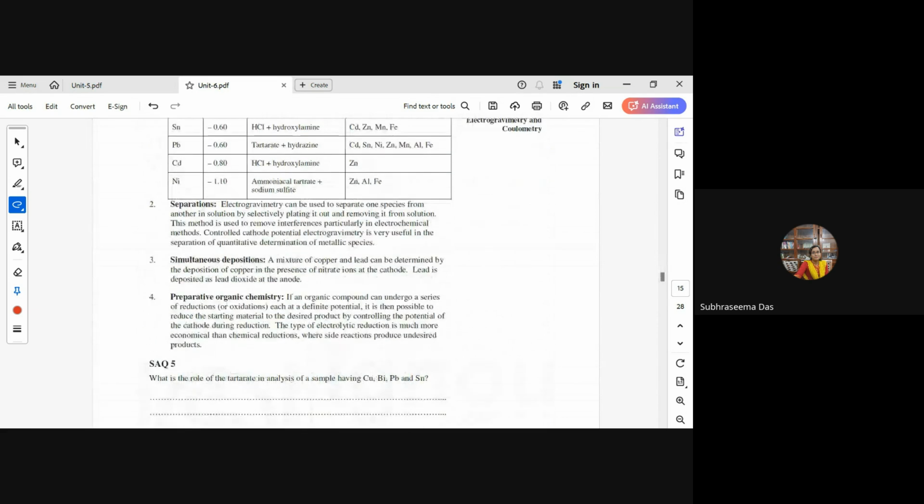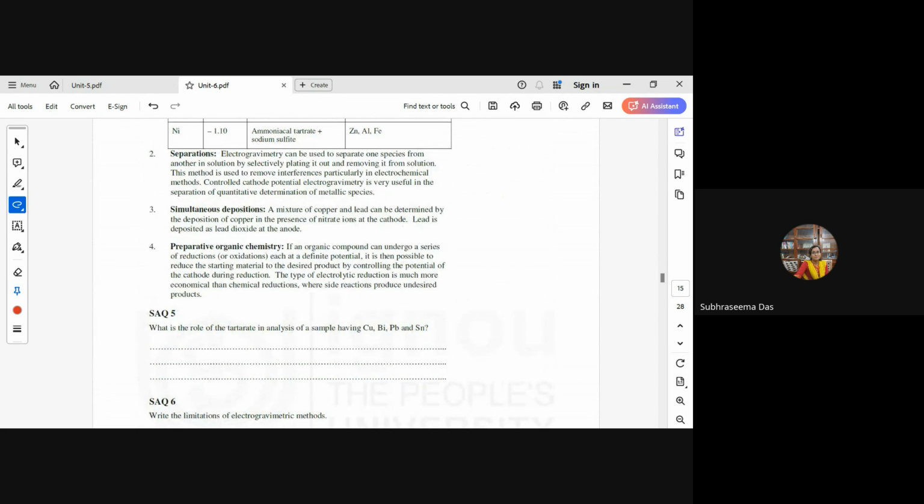Then the second use lies in separation. It has been used for separation of one species from another in solution by selectively plating it out, that is through the process of electroplating, and removing it totally from the solution. This method is used to remove interferences, particularly in electrochemical methods. They are also used in simultaneous depositions.